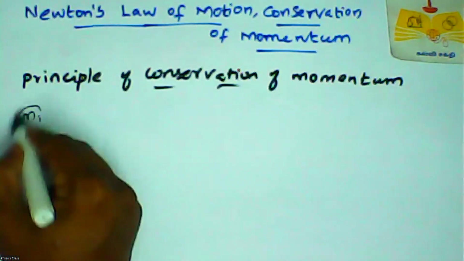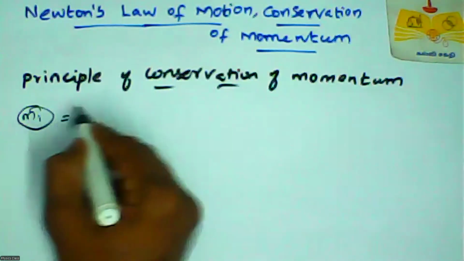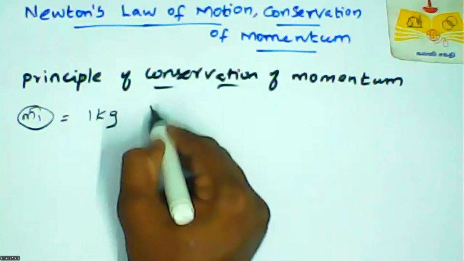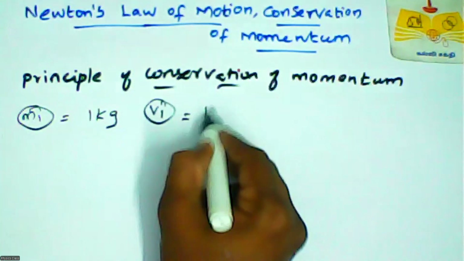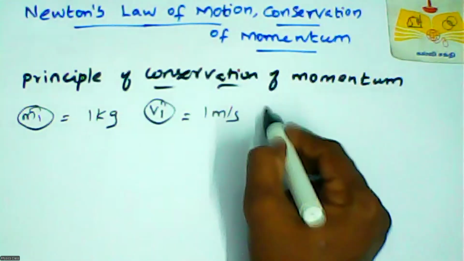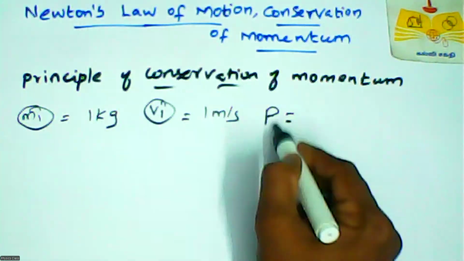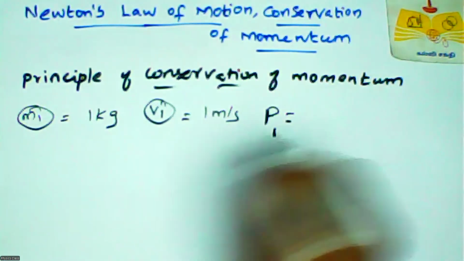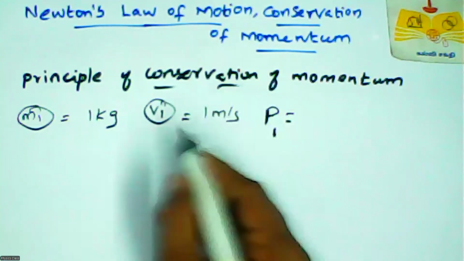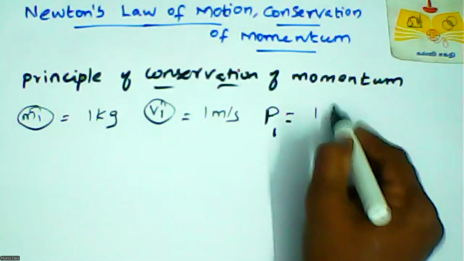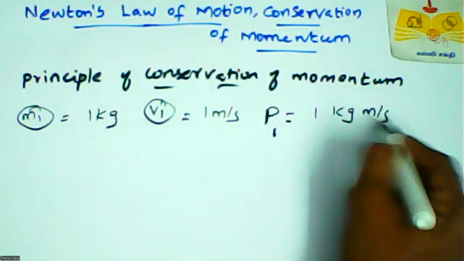For ball 1, mass m1 is 1 kg and velocity is 1 meter per second. So momentum of that object is mass into velocity, 1 into 1, 1 kilogram meter per second.